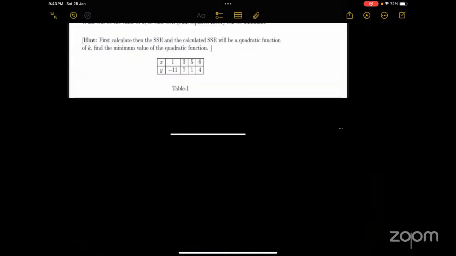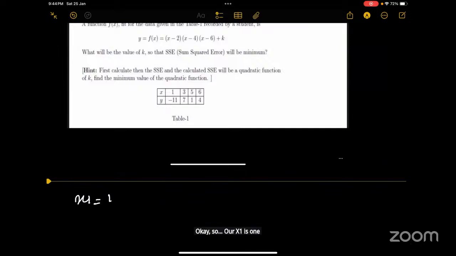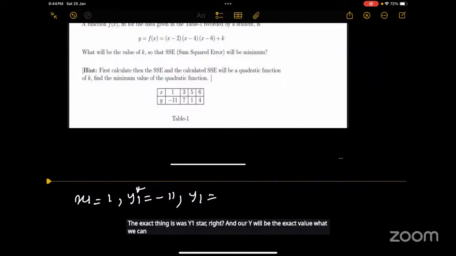There. Okay. So our x1 is 1. Our y is, that means I am taking it as y. The exact thing was y1 star, right? And our y will be the value we can get from the approximation, that means f of x1, right?